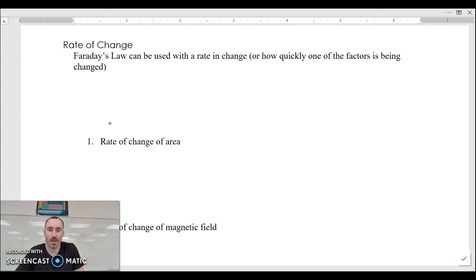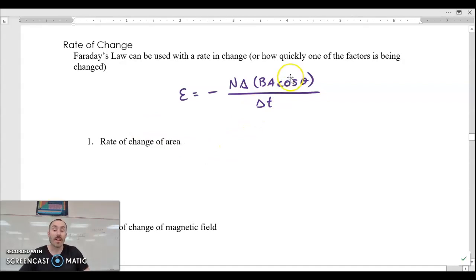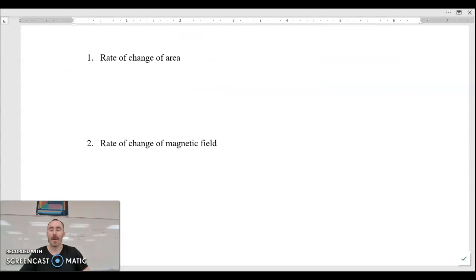But let's quickly, first of all, put in our new and improved Faraday's law formula. Change in BA cosine theta, okay, so that's with the flux formula put in there, divided by change in time. Now remember that any one of those three things could be changing: the field, the area, or the angle. And so we're going to look at what does it look like if it's given to you in the area as changing at a certain rate, right?